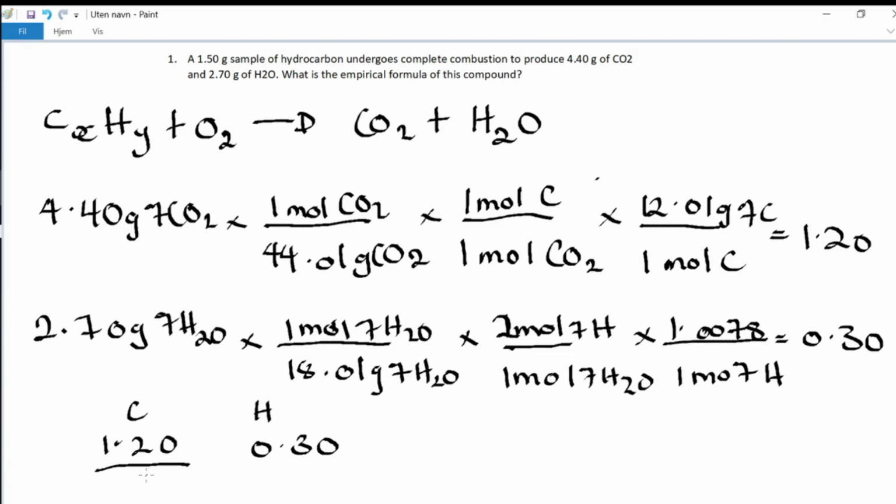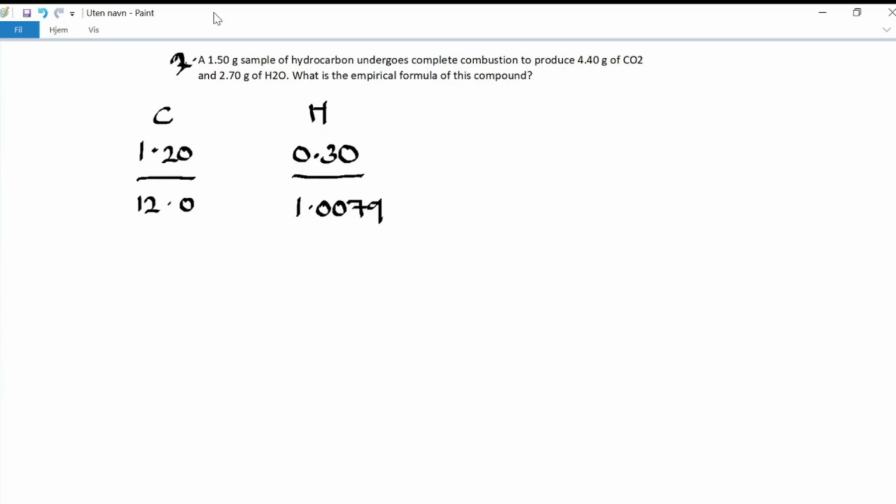The atomic mass of carbon is 12.0, and the atomic mass of hydrogen is 1.0079.